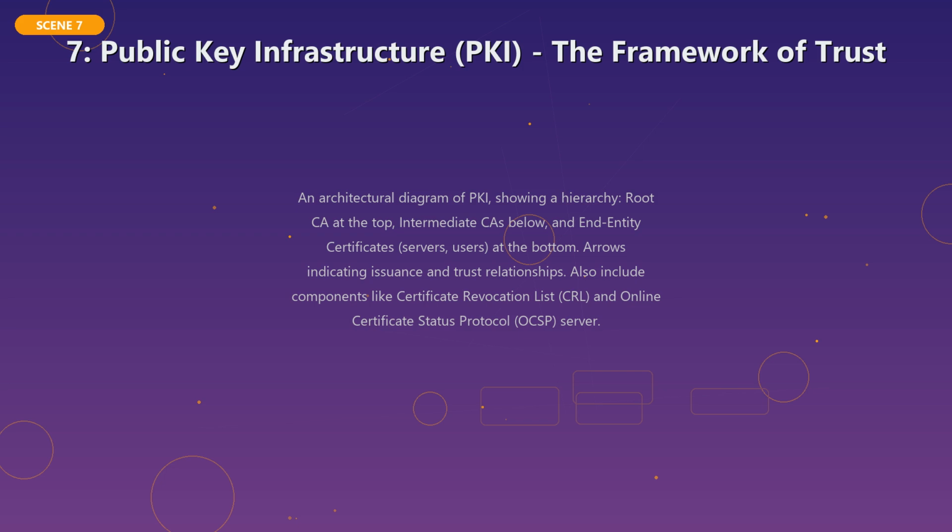Your browser and operating system come preloaded with a list of trusted root CAs. If a certificate can trace its lineage back to one of these trusted roots, your system will trust it. This chain of trust is fundamental to how the Internet verifies identities. Without PKI, the web as we know it, filled with secure transactions and authenticated communications, simply wouldn't exist.